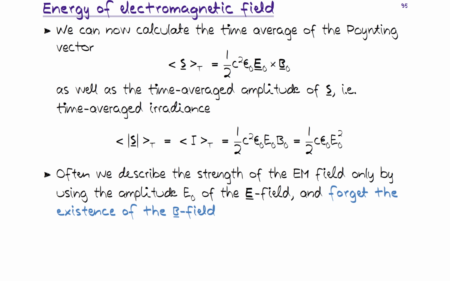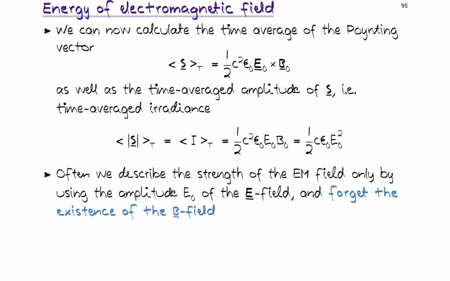And most of the time, especially in this course, we forget the existence of the B field. And looking at the above, it kind of makes sense that if you're interested in measuring how much energy is being transferred due to light propagating from point A to point B, we do not necessarily need to know anything about the B component. We can just calculate everything with the E field. So this is a rough motivation for why most of the time we do not need to worry about the B field.